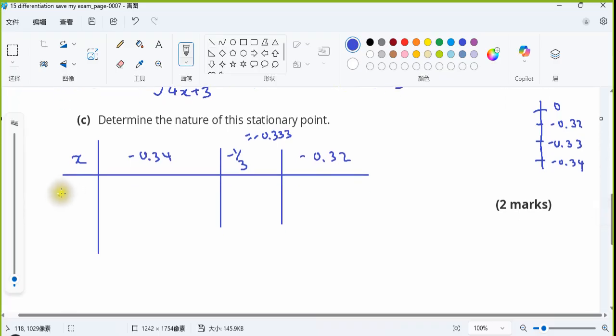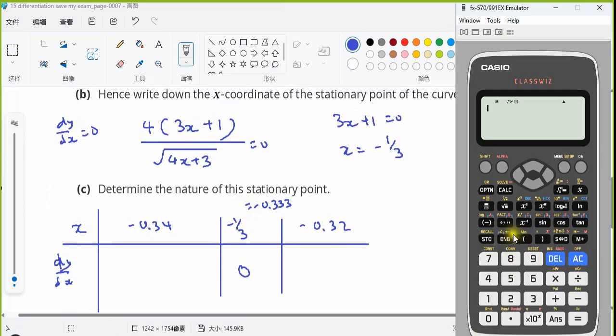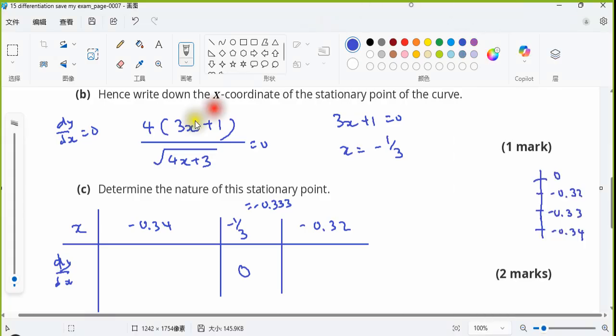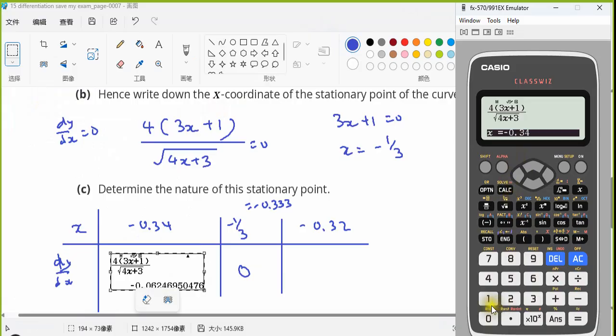Okay, so the dy/dx is 0, and we have 4 times (3x plus 1) times the square root of (4x plus 3). Substitute with negative 0.34, and then we substitute with negative 0.32.